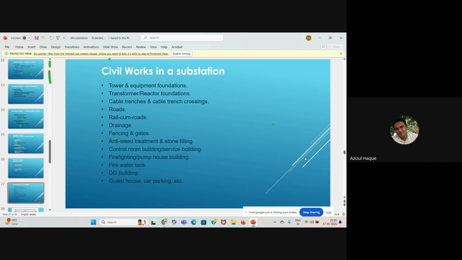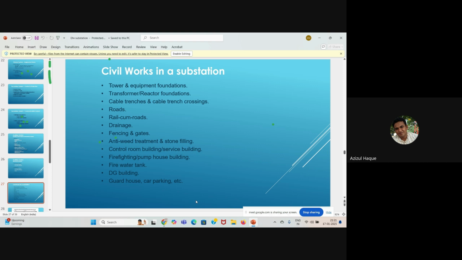Then we need a road within the substation, rail cum road. For a transformer, we have to make the rail cum road from the main switchyard road to the transformer plinth, the transformer foundation. Because a transformer is a very big equipment, it weighs around 80 ton, 90 ton, 100 ton. So it comes on a trailer. That trailer can maximum come up to the switchyard road.